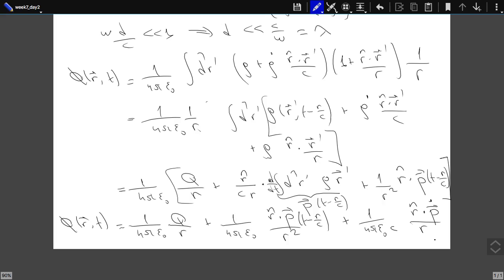Now this additional term will be interesting, will be more relevant for us because you see it depends on the inverse power of r. It is the 1 over r term, just like the monopole term. That is why this will become the radiation field we have. Also keep in mind that it's inversely proportional to the speed of light.